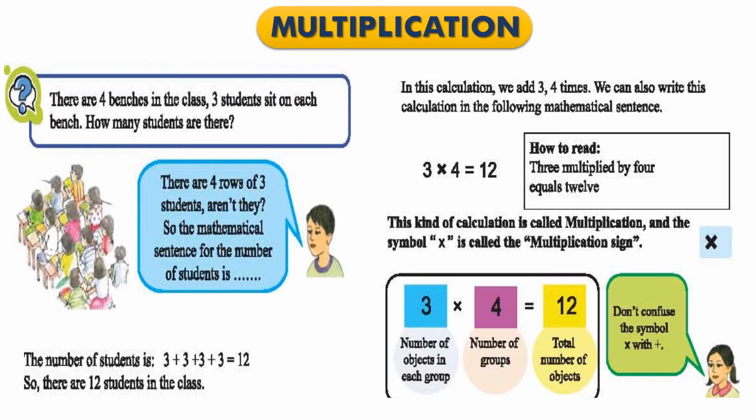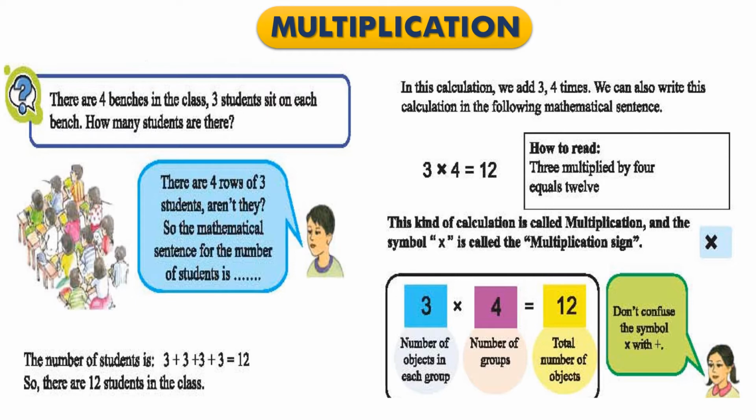So how will we read it? We'll read it like this: 3 multiplied by 4 equals 12. The bottom of this box says this kind of calculation is called multiplication, and the multiplication symbol is known as the multiplication sign. That means it looks like X, or sometimes we say cross.